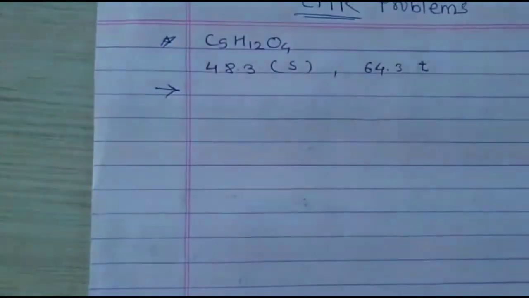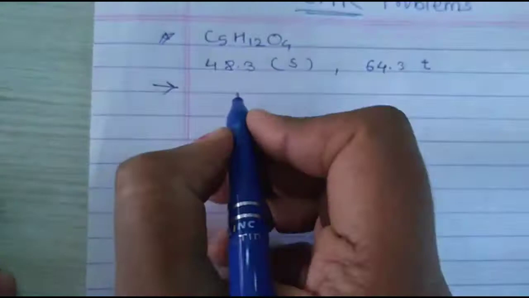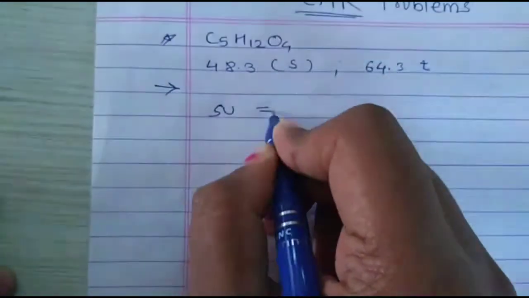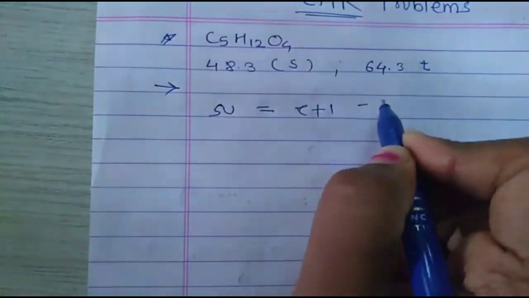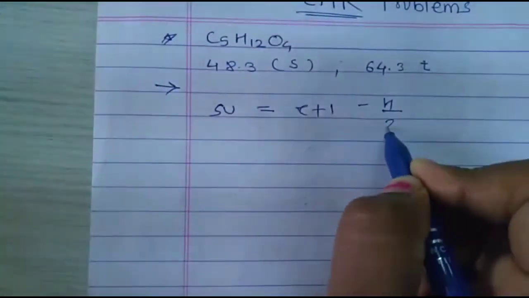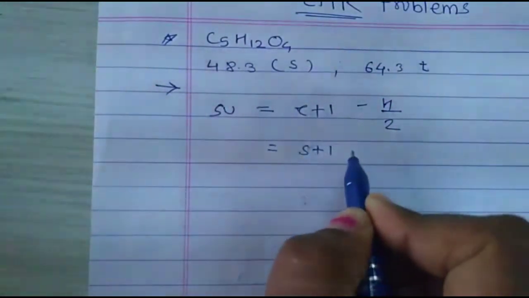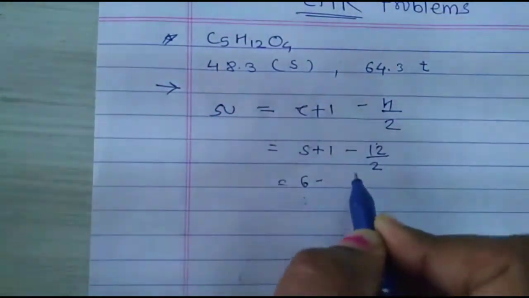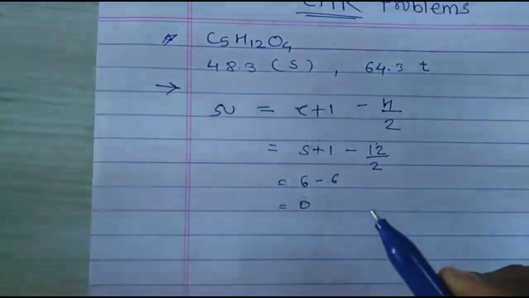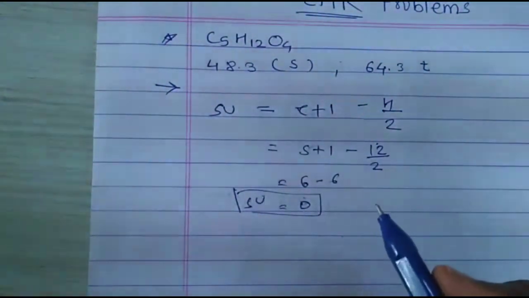First of all we find the sites of unsaturation, which is C plus 1 minus H divided by 2, equal to 5 plus 1 minus 12 divided by 2. That is 6 minus 6, which is equal to 0. That means the sites of unsaturation are 0, there is no double bond present.